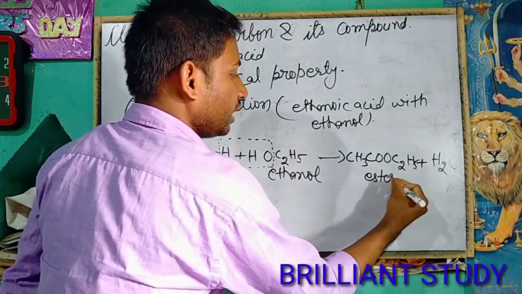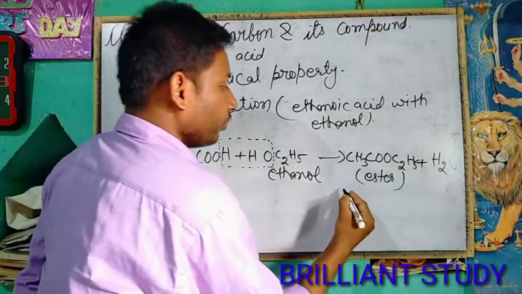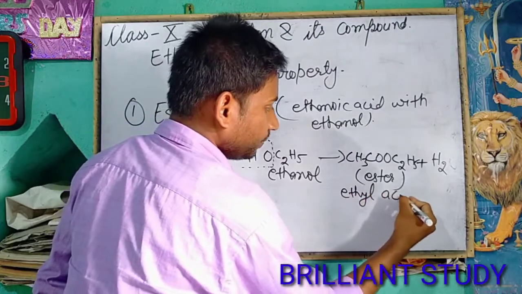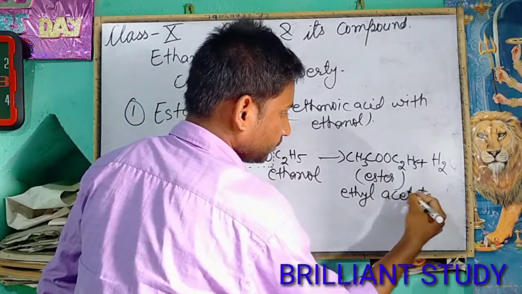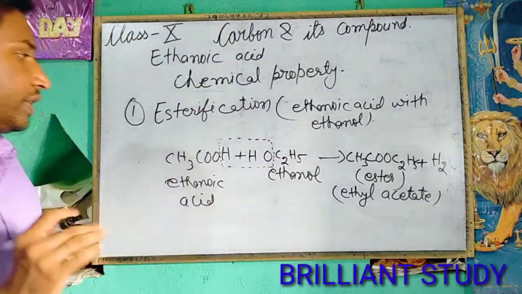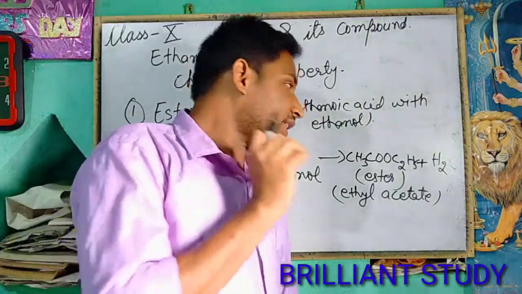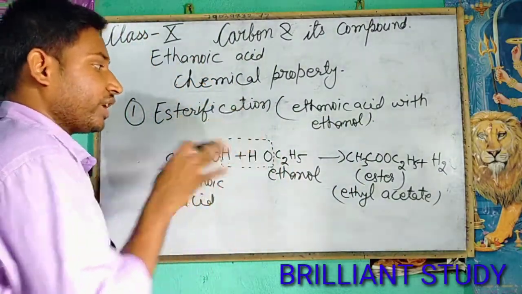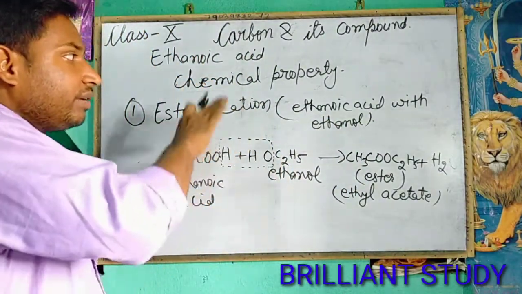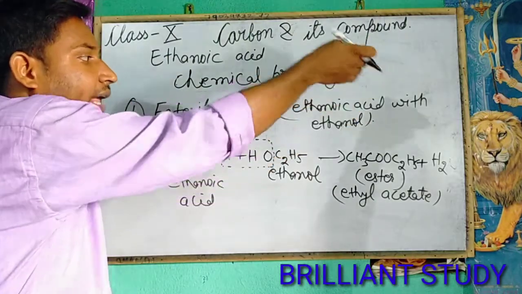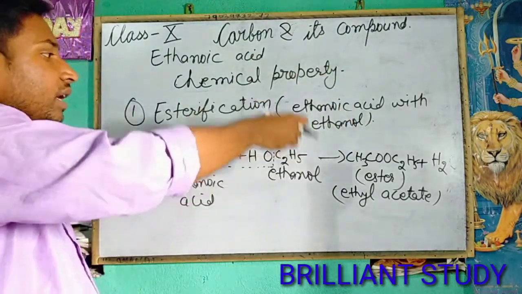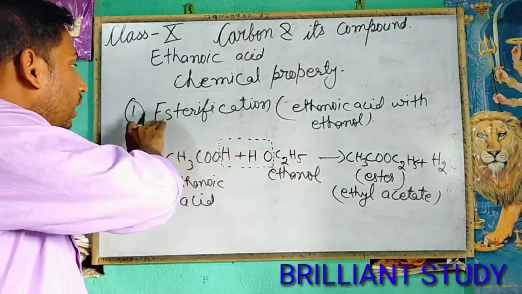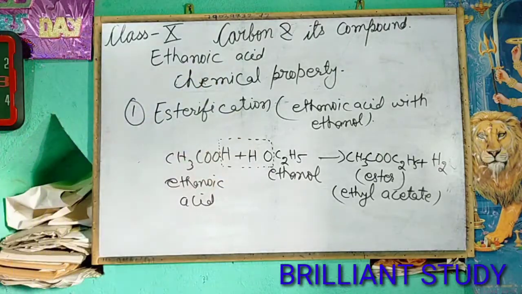This is the formula of ester. Its name will be ethyl acetate ester. Since in this reaction ester forms, this reaction is known as esterification. That means the reaction between ethanoic acid and ethanol, when it completes, ester will form, and this reaction is called esterification.